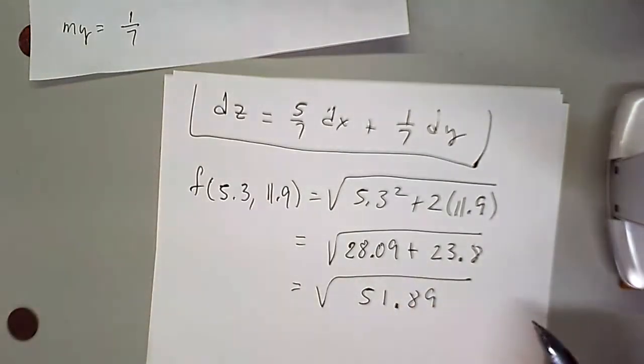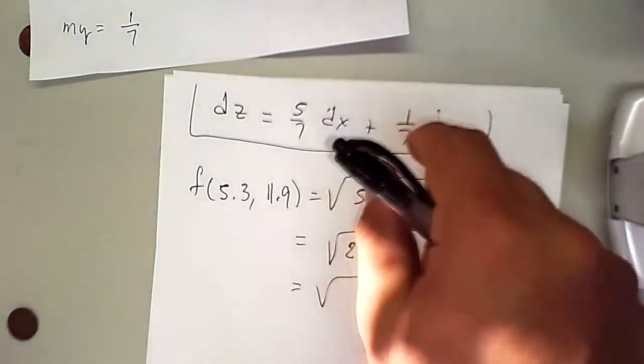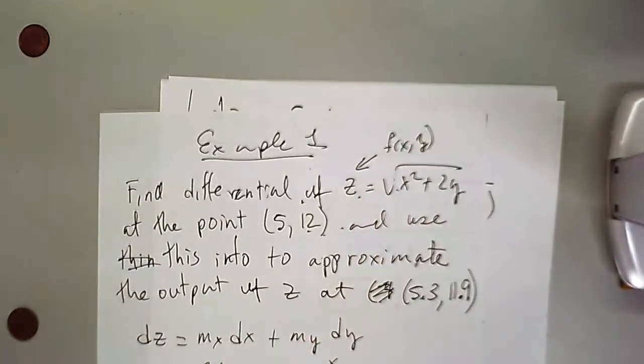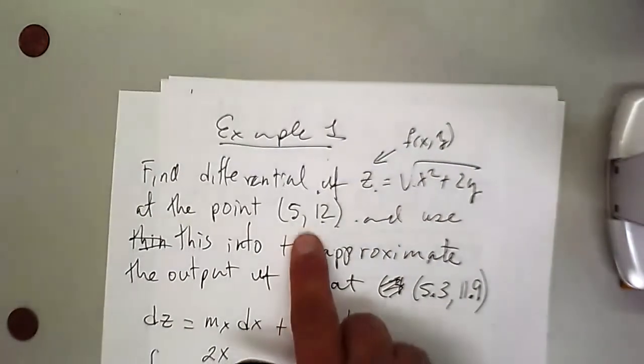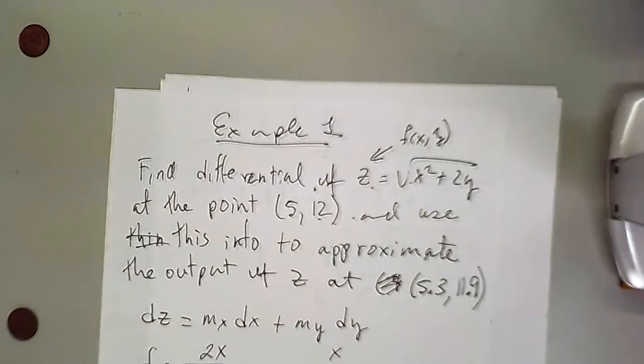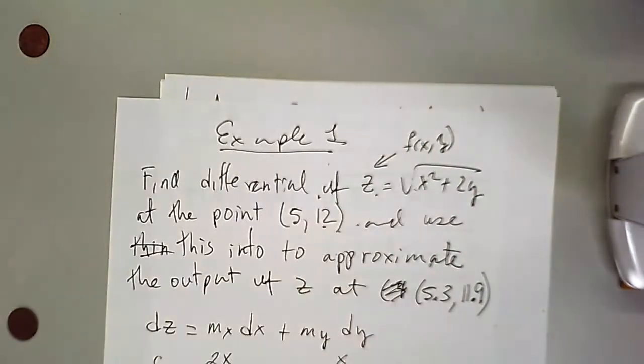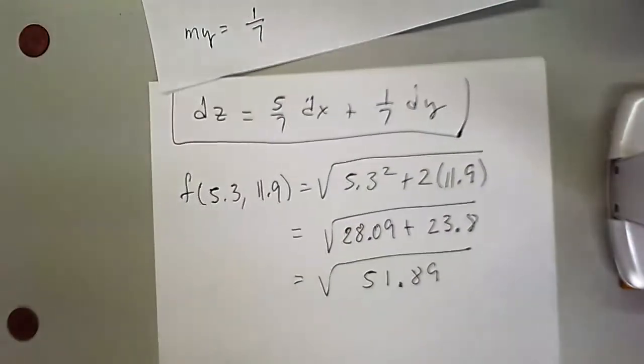So let's say you wanted to find the square root of 51.89 using this function and using differentials at this point. Okay, we know that the output at this point is 7. Let me rewrite that again.